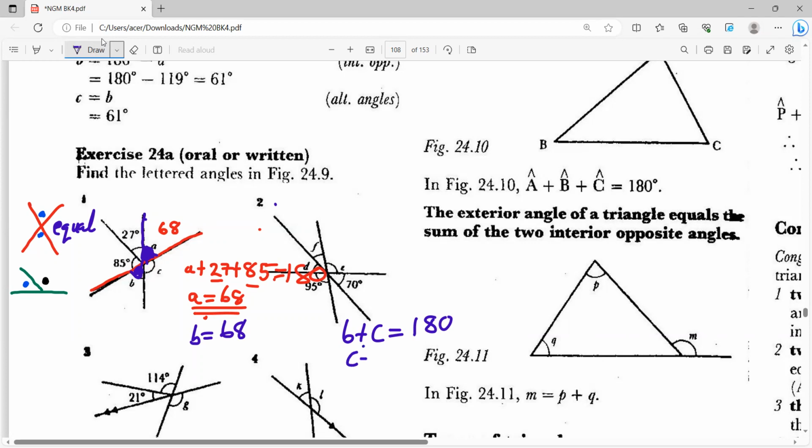So C is 180 degrees minus B. C is 180 degrees minus 68. So 180 degrees minus 68 degrees, we get 112. So C is 112. Are we together?